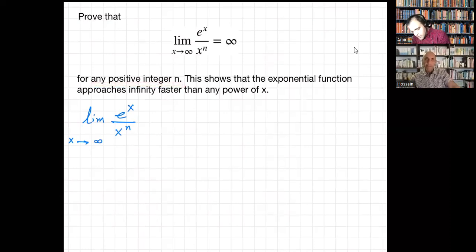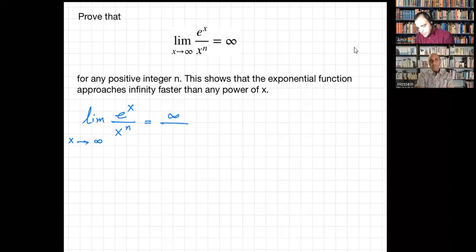So e to the power of x when x approaches infinity is infinity. I think in a previous video we showed that in a graph of e to the power of x. We will post the link for that video up here, so the viewers can review that.